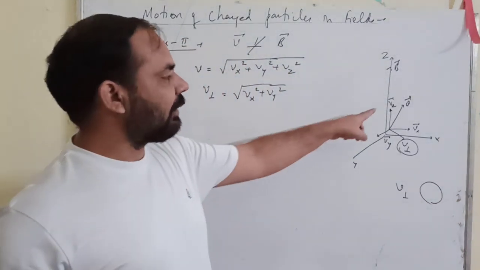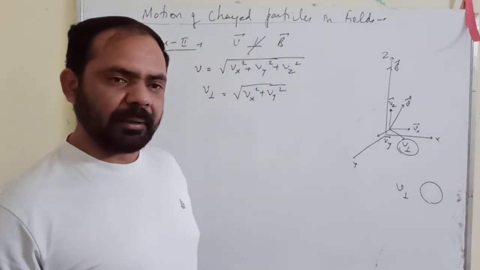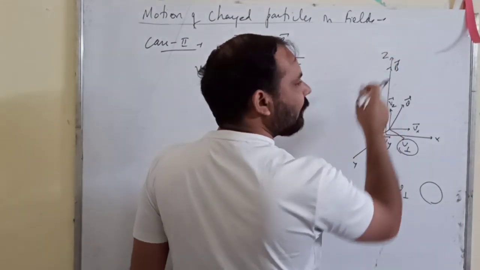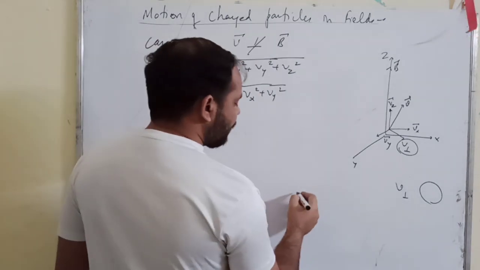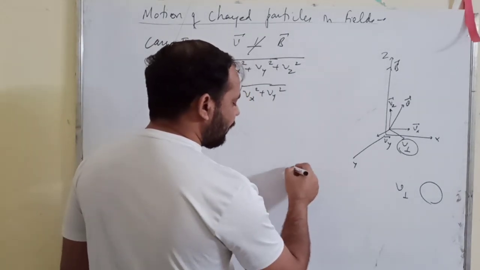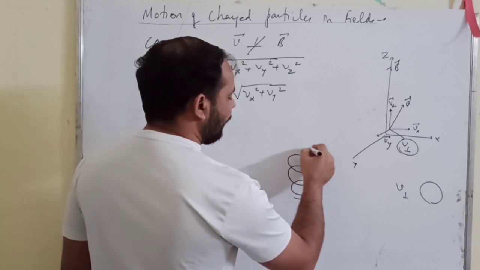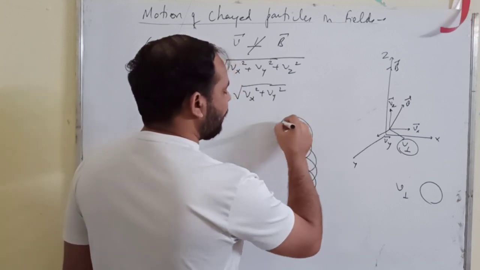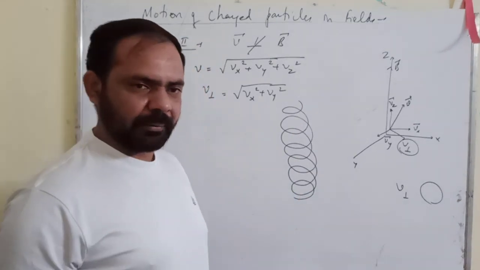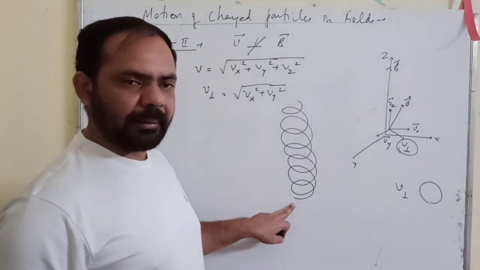But there is one more component, which is vz. What will that vz do? It will take the charged particle along B also. So the charged particle will move on the circular path as well as along the z-axis, like this. Which type of path is this? This is called a helical path, like a spring.